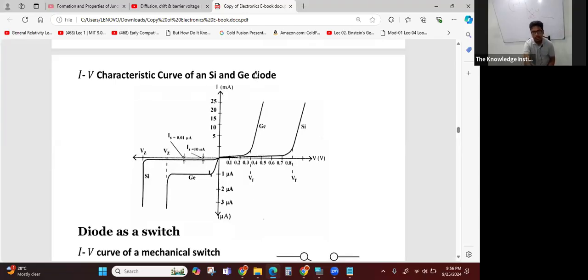You can see that in the forward direction the current is in milliamperes, and on this side it's in microamperes, nearly 0.01 microampere.